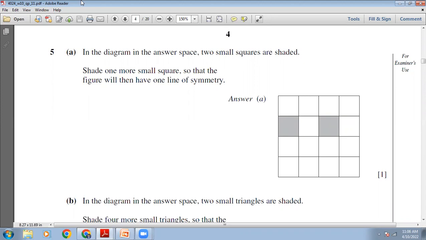When you fold the object along the line of symmetry, both the parts will overlap each other. So if I suppose the line of symmetry is like this, this color will come on this color. So shade this one, and this will be the line of symmetry.